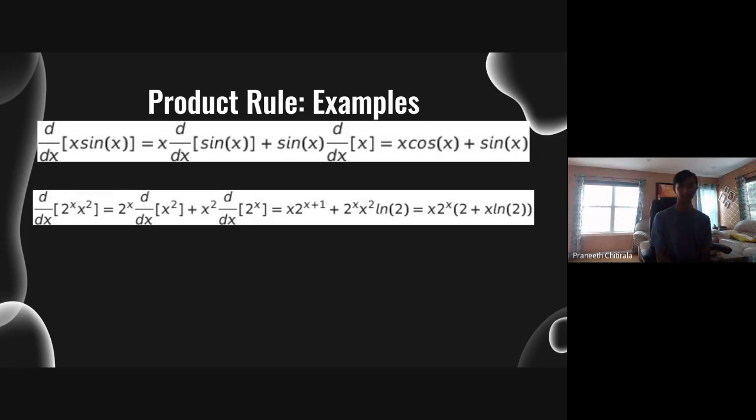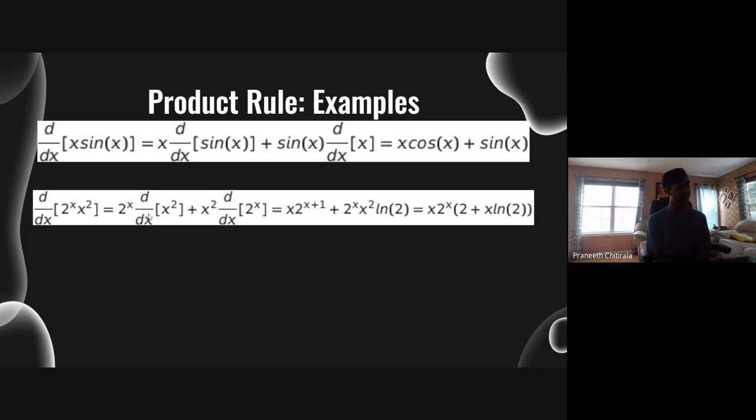Using this equation here, a little more complicated, but we'll get through it. So 2 to the x times x squared. The derivative of that is 2 to the x times the derivative of x squared plus x squared times the derivative of 2 to the x power.